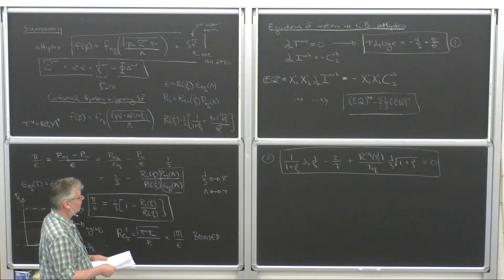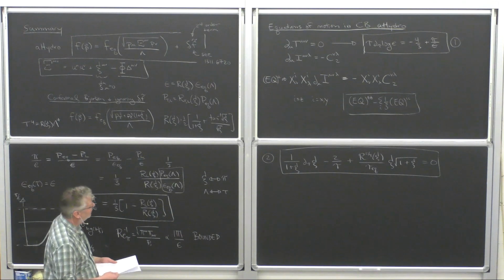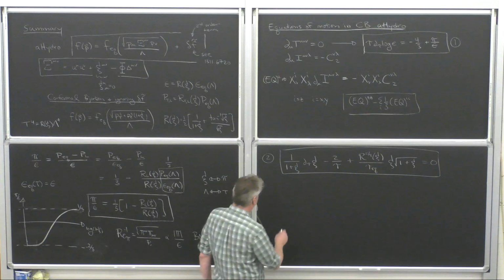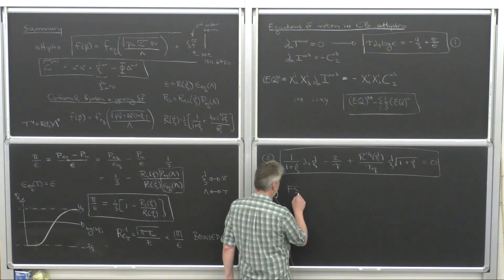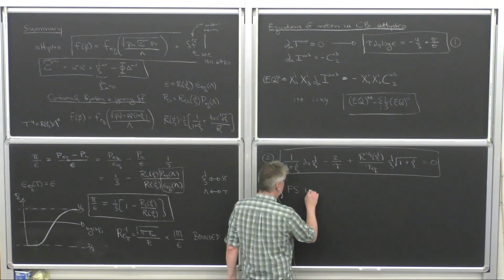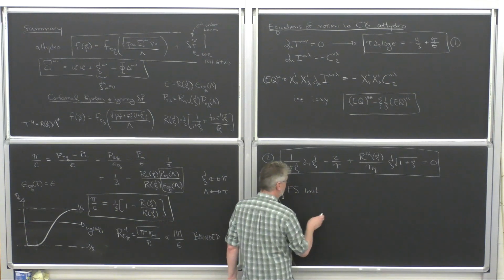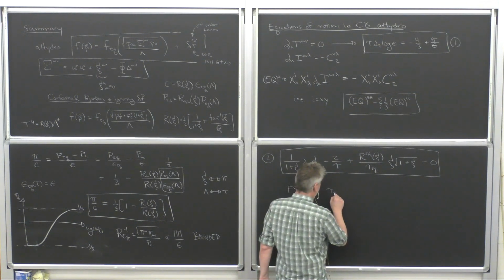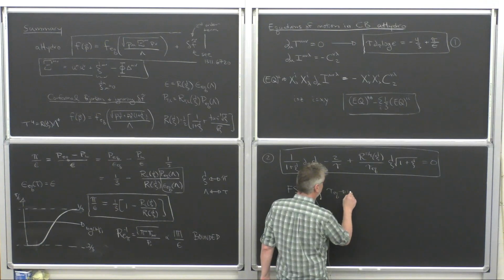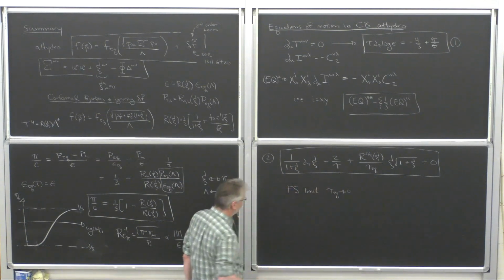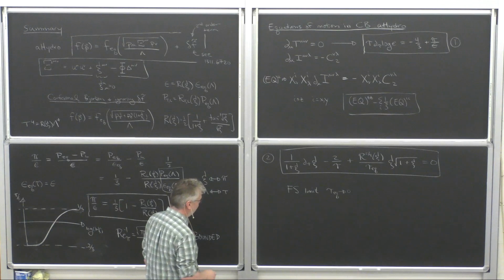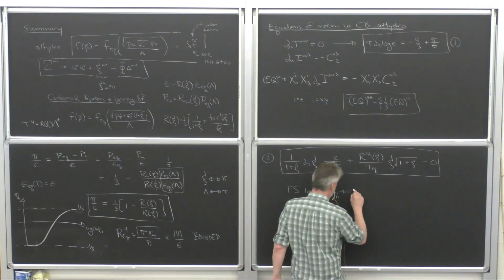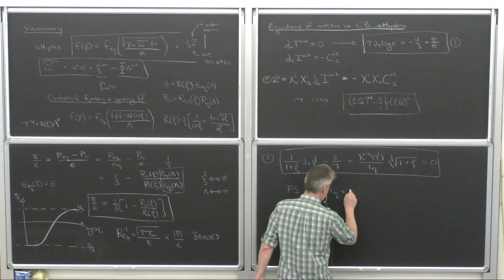It's all very well behaved, and if you take the free streaming limit, which means tau EQ goes to 0. It's not obvious from this way that it's, sorry, tau EQ goes to infinity. Sorry, then it is obvious.